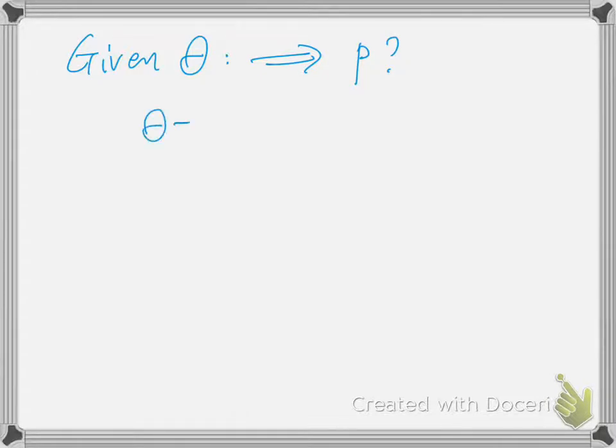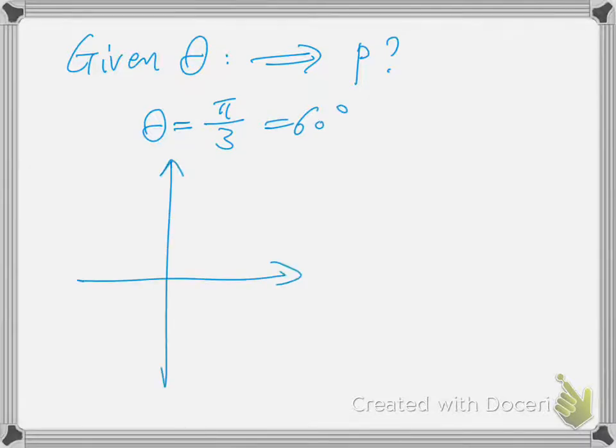First, theta is pi over 3, which is also 60 degrees. If you don't know what pi over 3 is, change it to degree measure. This is the terminal side, here is our angle. Theta is 60 degrees.